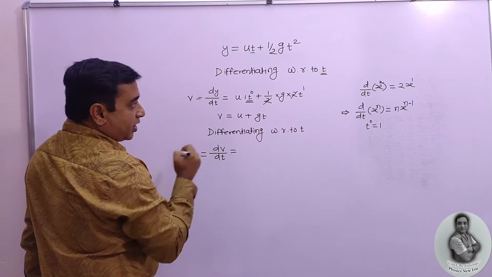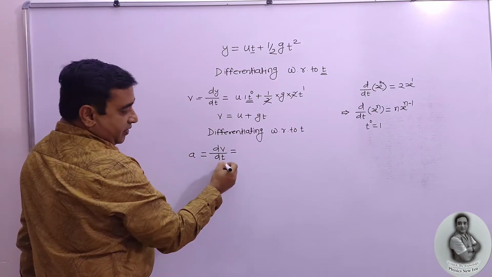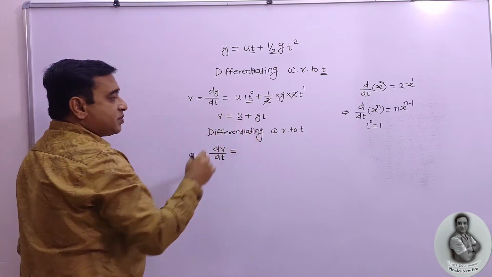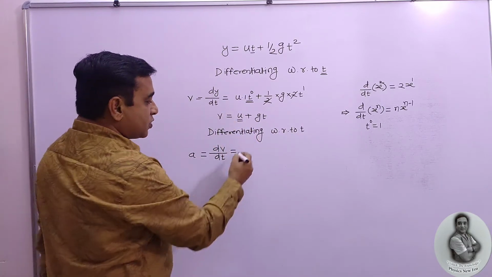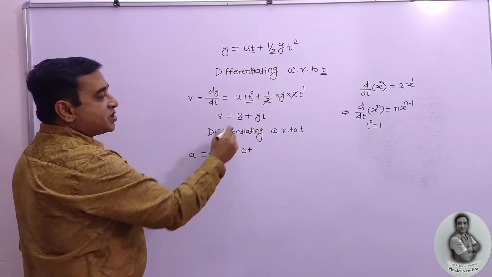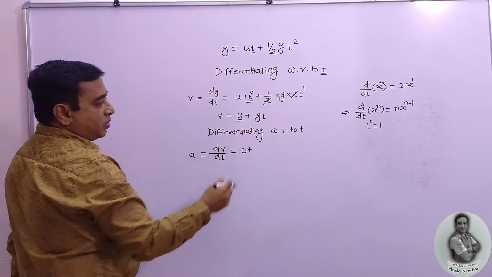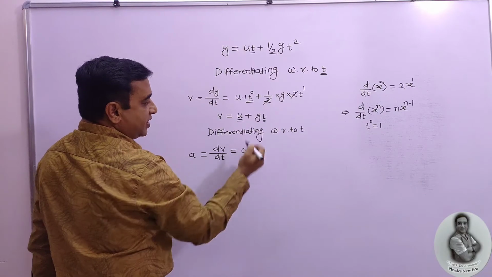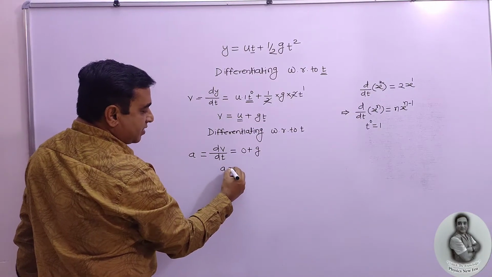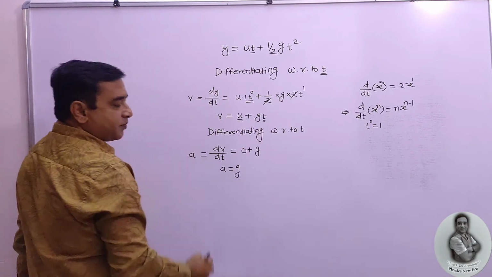Now dv upon dt: if we differentiate once again, there is no term which is in multiplication with u, so it is 0. Differentiation of a constant term is 0. Here the variable factor is t, so only the g remains. That means acceleration is equal to g.